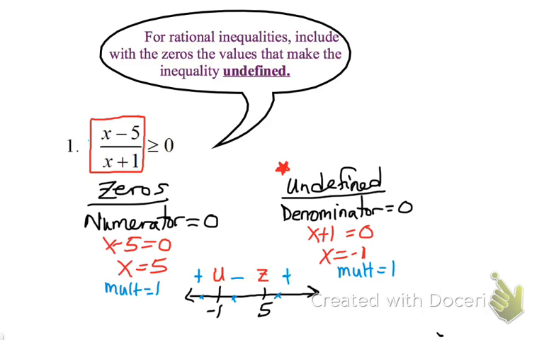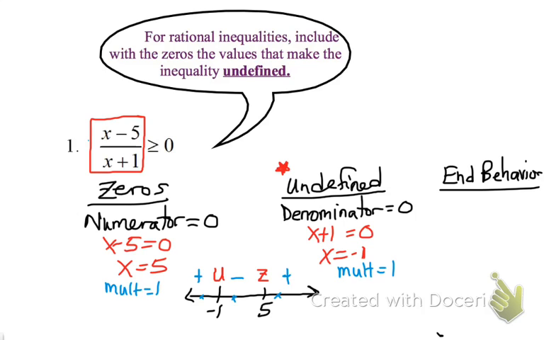That tells us that with odd multiplicity, the signs are going to change on either side of the undefined value and on the 0. What we don't know is the end behavior. We might analyze the end behavior to see what the signs of the outside intervals are.